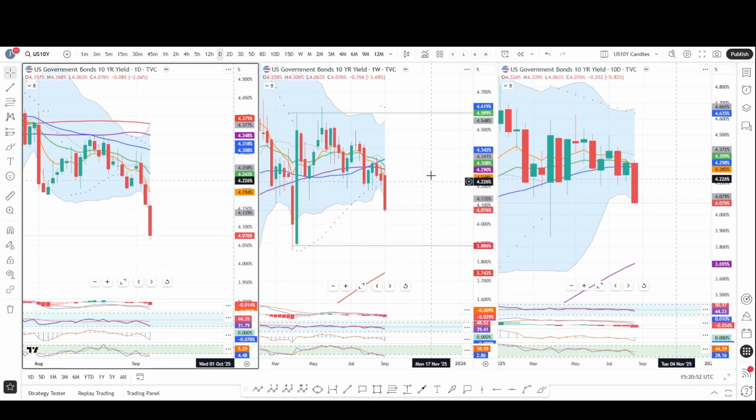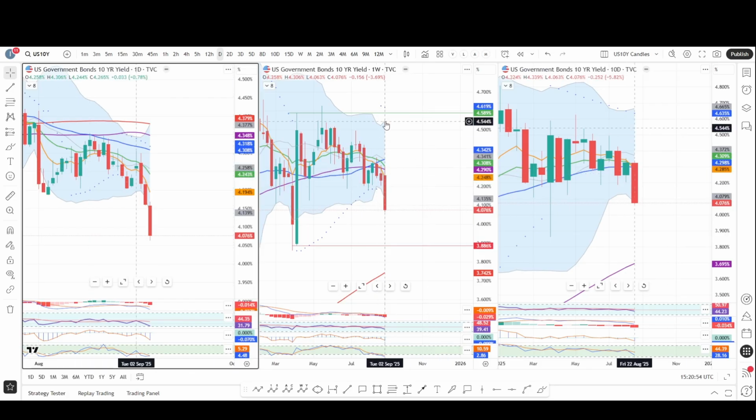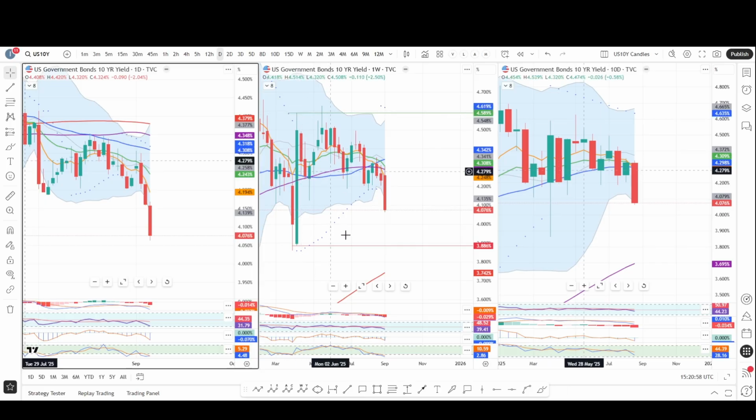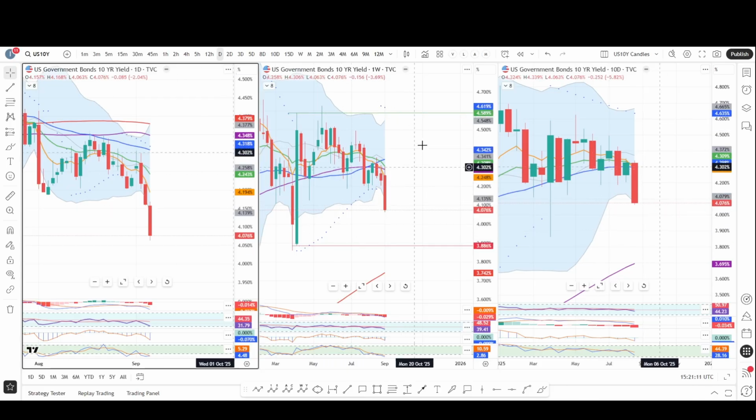Speaking about the longer term, the midterm, I identified this range long ago, and I think we were talking about it since May, saying that as soon as this range, the green and the red horizontal lines, is broken, then we will see a new direction.